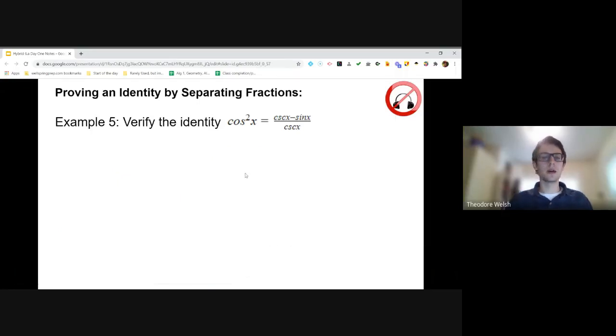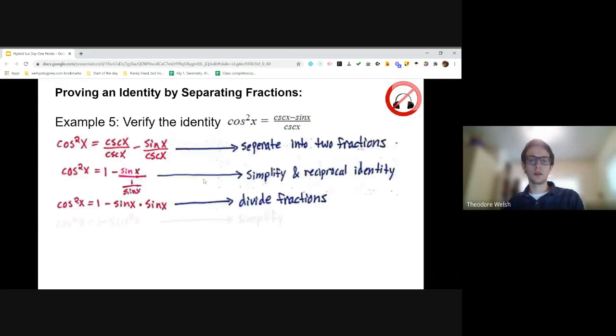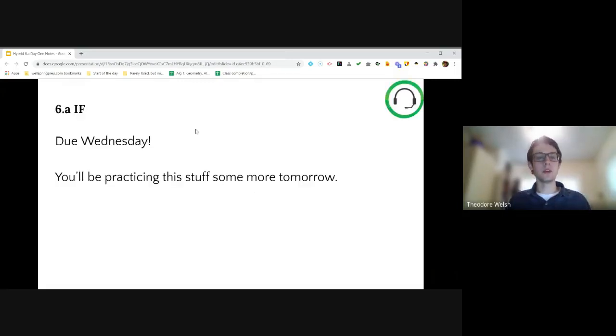Okay. So you have one problem left here. What I'd like you to do is attempt this problem on your own. Pick a side, determine which one you want to convert into the other. And once you're finished with that, you can check your solution by clicking into this presentation in the week at a glance.